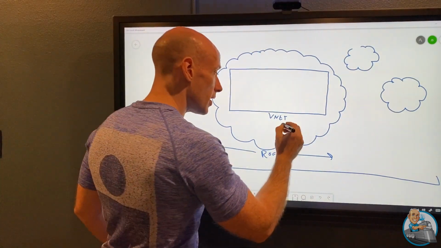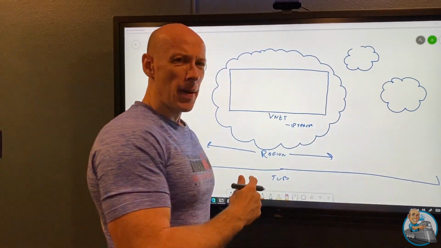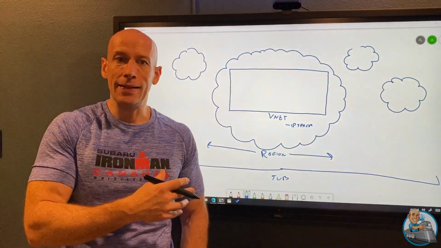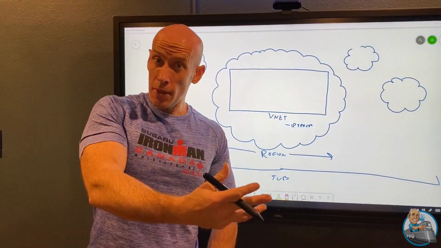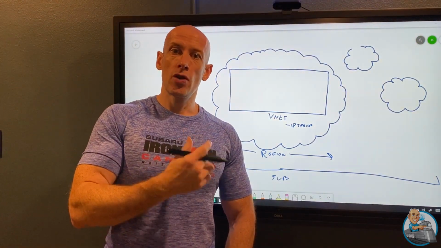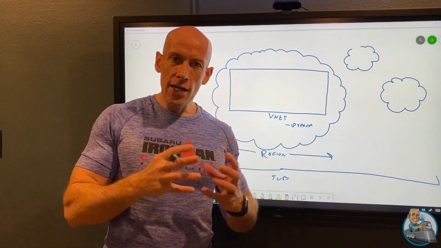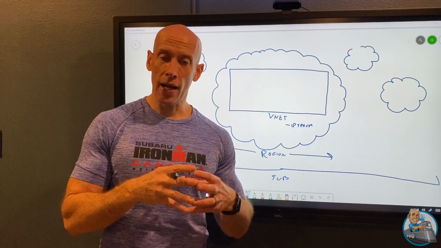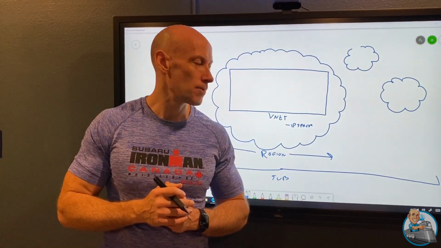A virtual network is one or more IP spaces. We often think about the RFC 1918, the 10 dot, the 172.16, the 192.168. It doesn't have to be. Those IP address spaces are typically used because they're non-routable on the internet. I can safely use them on an internal network. I'm not going to clash with some internet-based resource.